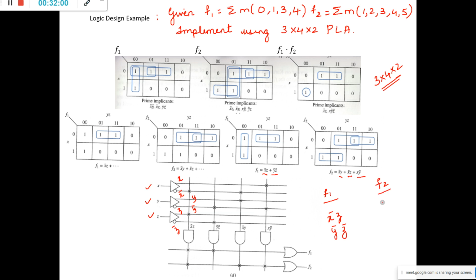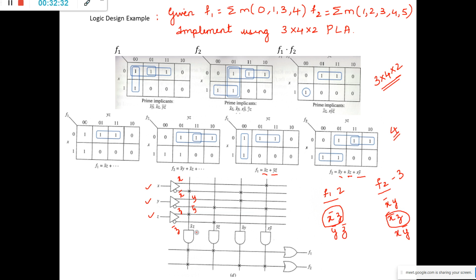Next F2, what all product terms are there? X bar Y, X bar Z, X Y bar. So totally how many? F1 is having 2, F2 is having 3, but you can see this one X bar Z, here also X bar Z, isn't it? So the same common term is there. So totally we have 4 different product terms.